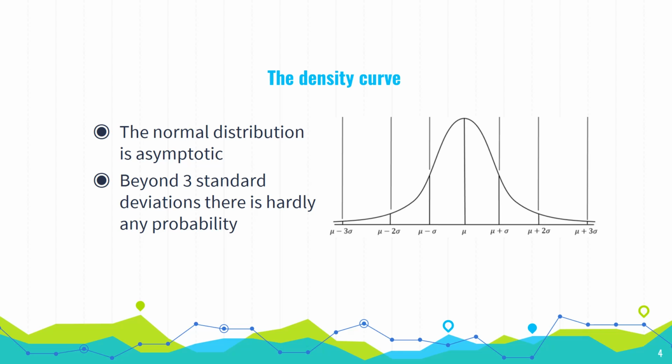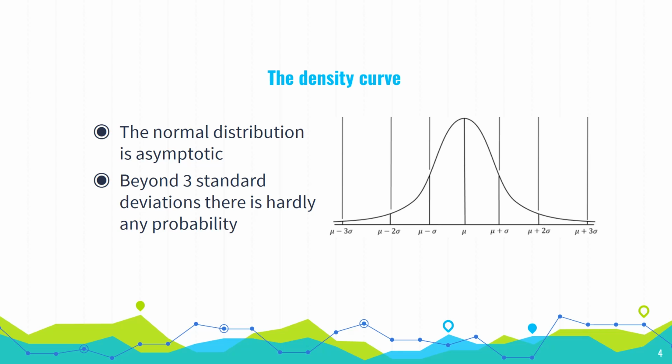But there is virtually no probability out beyond 3 standard deviations. Certainly beyond 4, you would be hard-pressed to find anything worthwhile. There's really very little out beyond 3 or 4 standard deviations, but there is a tiny bit.